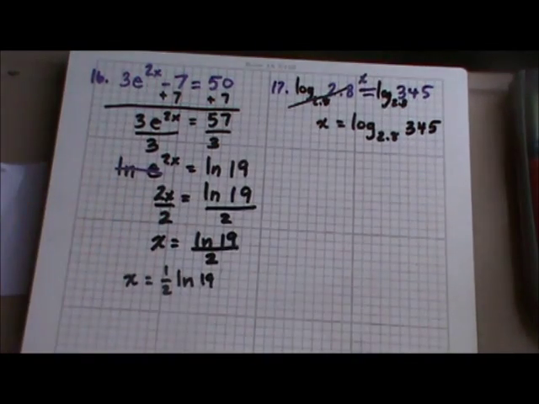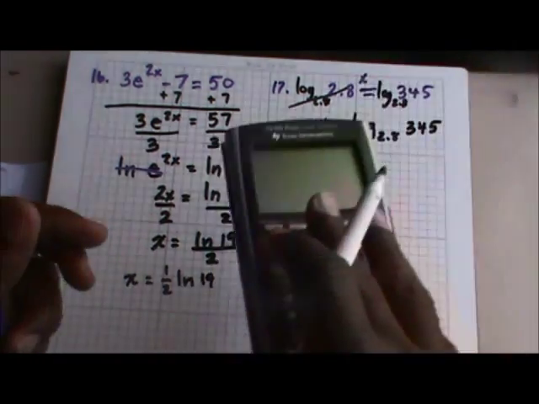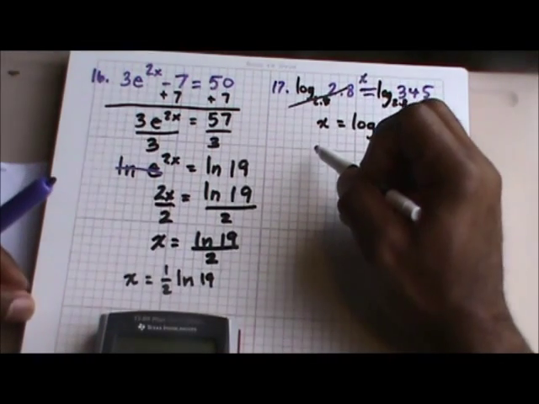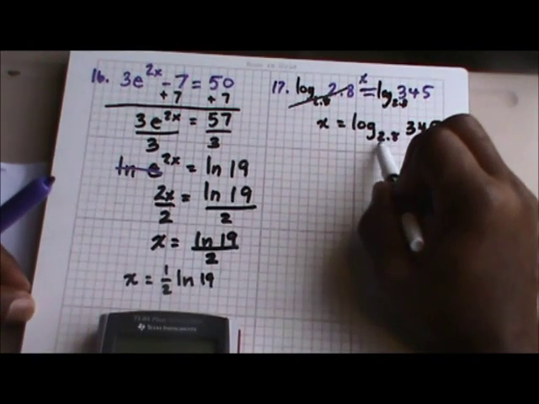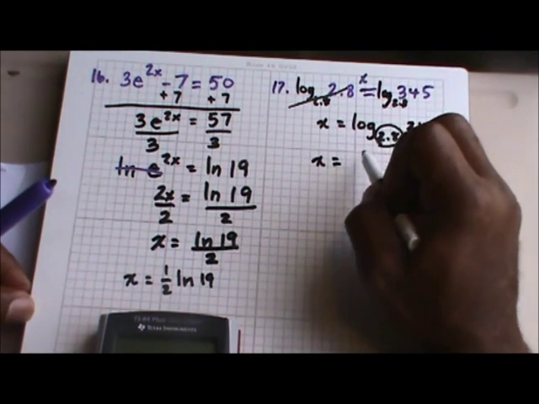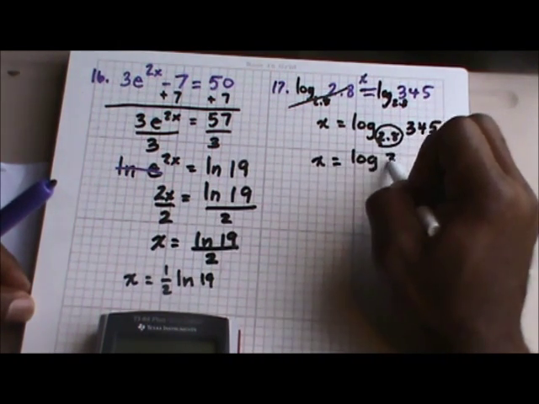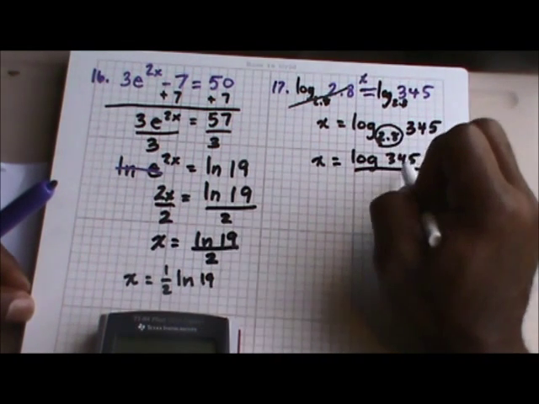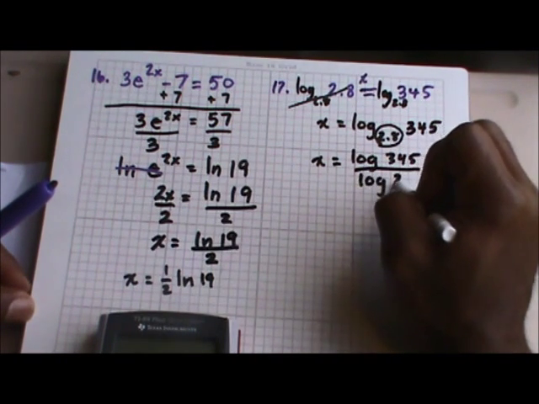All right, and if this was a non-calculator problem, this is as far as they might want you to go. They might ask you to use change of base. Remember, base is in the basement of your fraction when you change it to change of base. So it becomes log 345 over log 2.8.